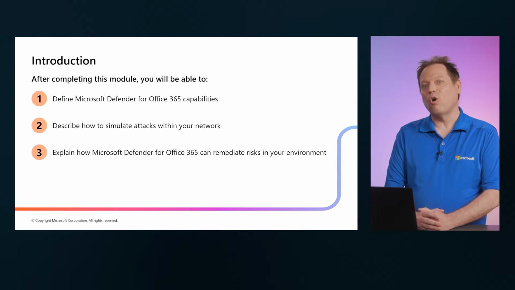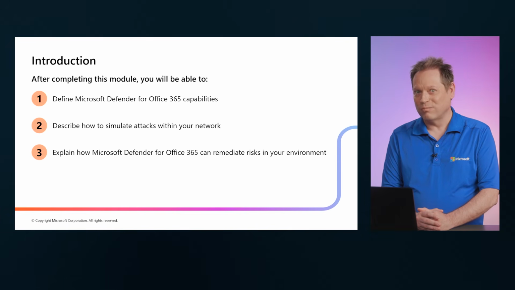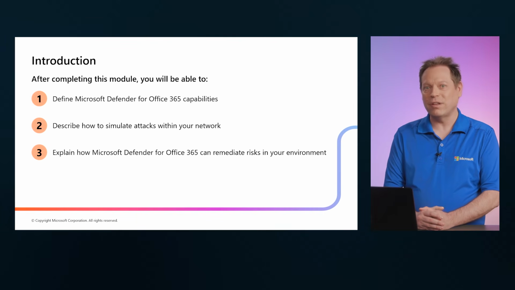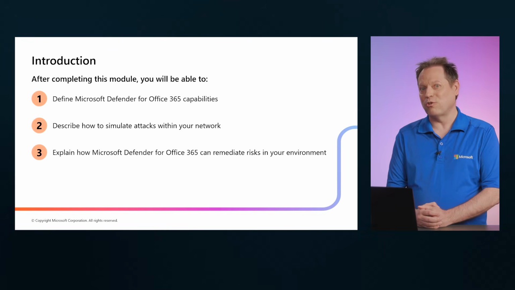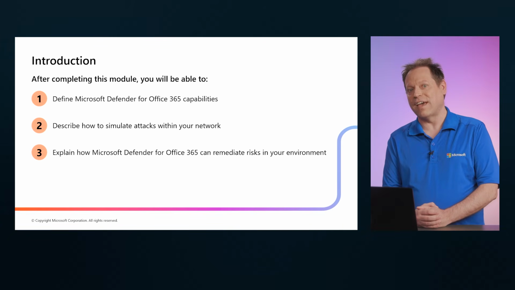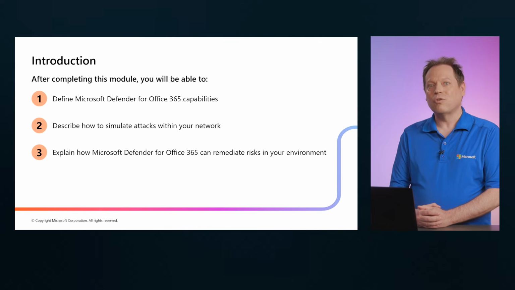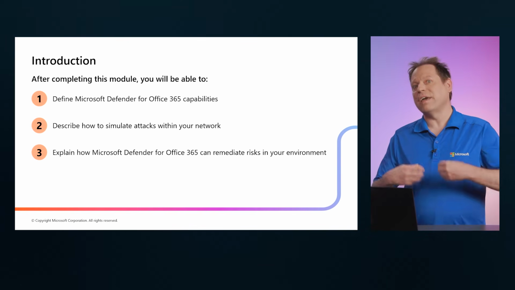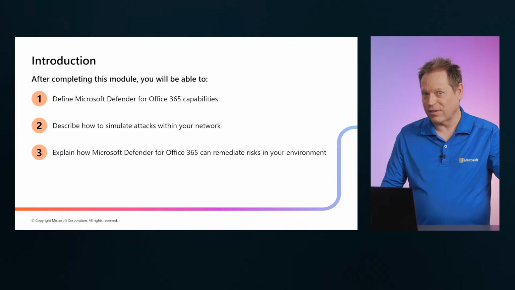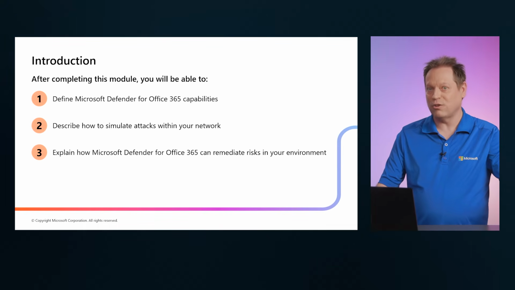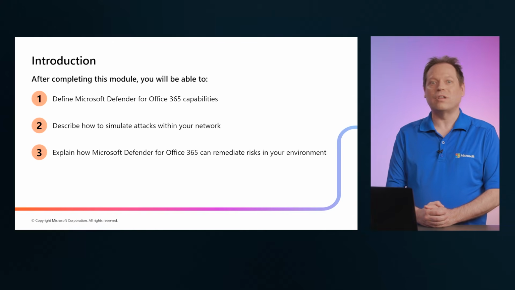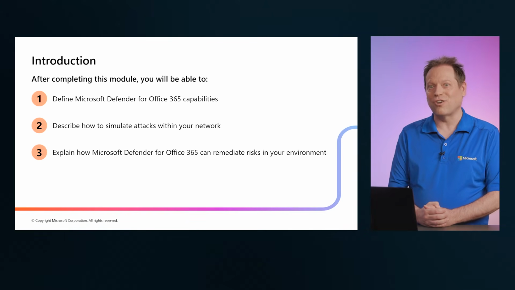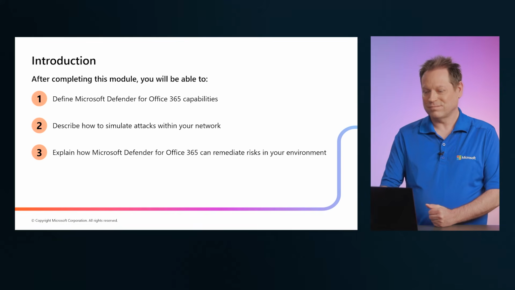In this module, the goals are straightforward and practical. You'll define Microsoft Defender for Office 365 capabilities, describe how to simulate attacks within your network so you can validate detection and train responders, and explain how Defender for Office 365 can remediate risk in your environment, from blocking threats before delivery to cleaning up malicious content after the fact.